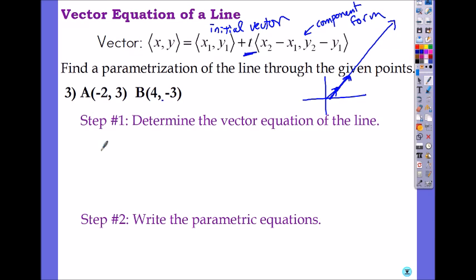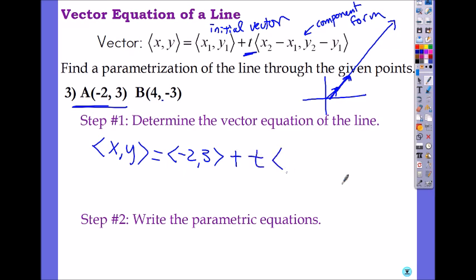So your vector, you always write it in x, y. And let's just go ahead and choose the first one as our initial vector to be consistent. So then that's from 0 to -2, 3. So it is -2, 3 vector form, component form, plus t times the component form of these two.